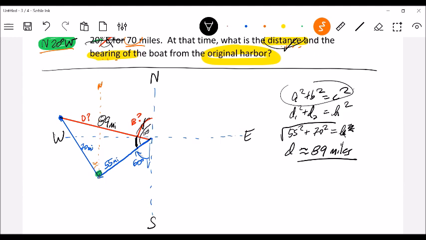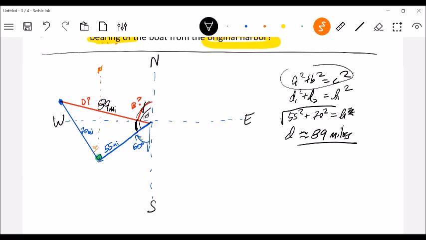And here we'll use a trig function because we have a right triangle, and we call this one our theta. We can use tangent, that's opposite over adjacent. We can use opposite over hypotenuse to do sine. We can use adjacent over hypotenuse to do cosine. I'm going to keep to the original two because I know those are exact numbers.